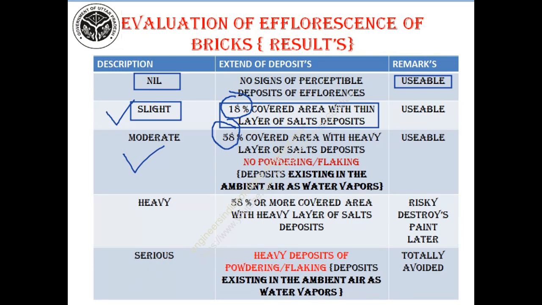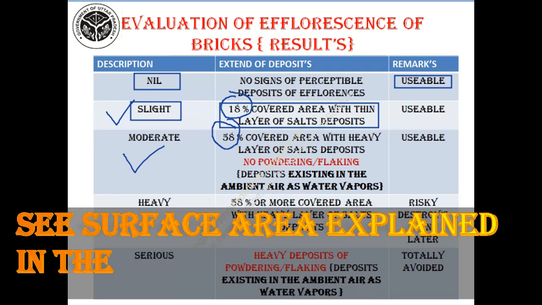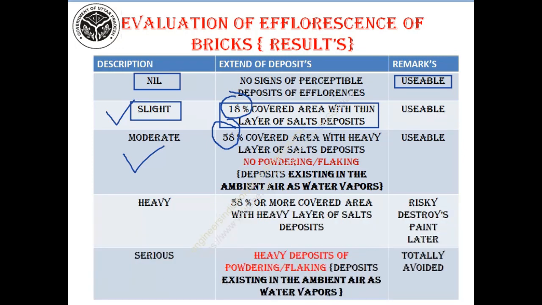When we talk about the surface area, it means the sides, the length and breadth of the surface area in which it could be in contact or it is in contact. I'll just explain the term surface area right now.